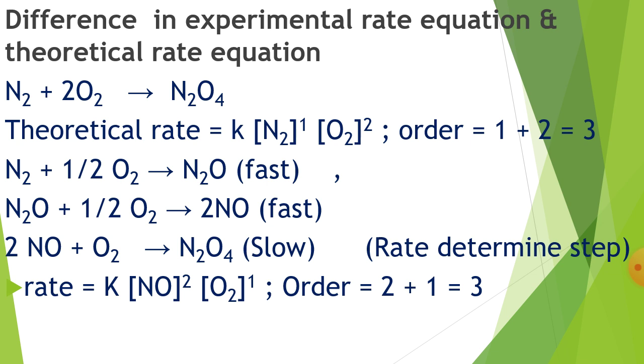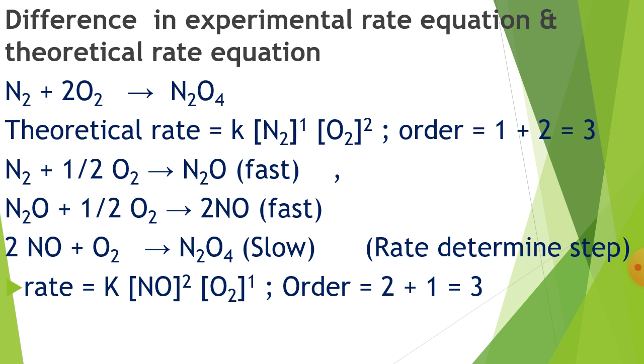Now the difference between the experimental rate equation and the theoretical rate equation. Experimental means you have to know it from the given data, but the theoretical rate equation you find by looking at the balanced chemical equation. So here I will differentiate between the experimental rate equation and the theoretical rate equation.